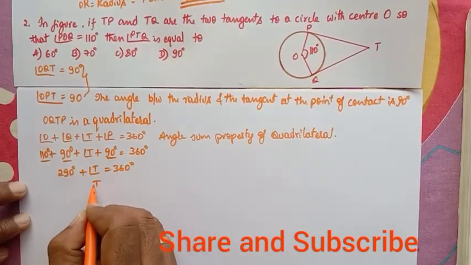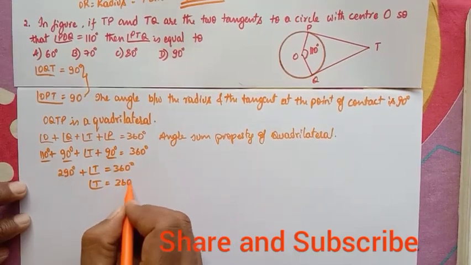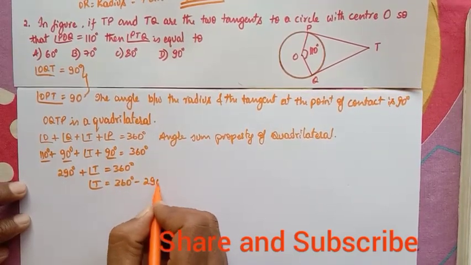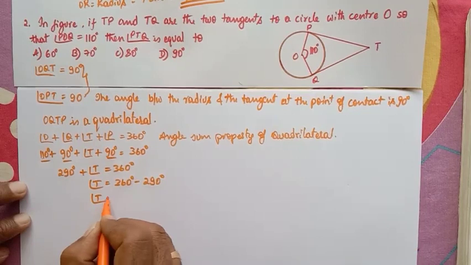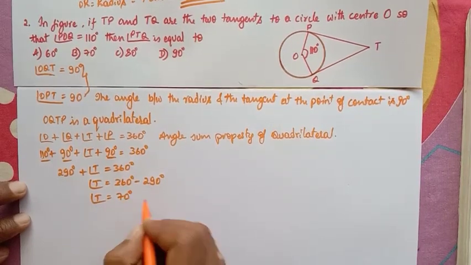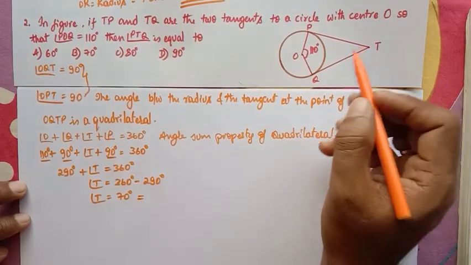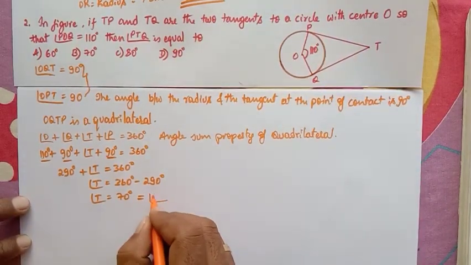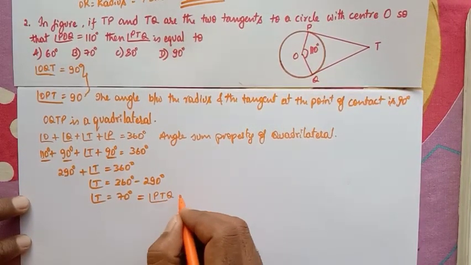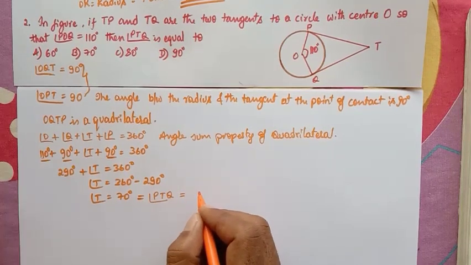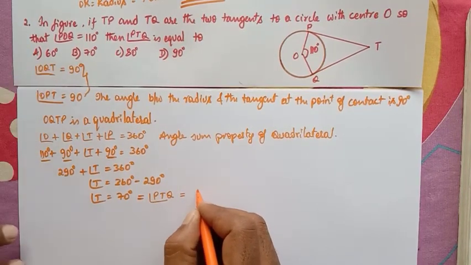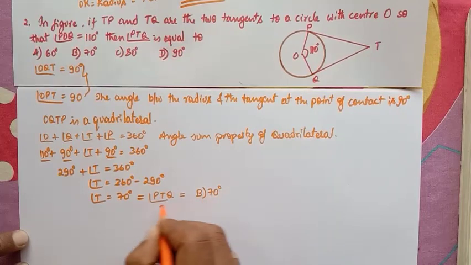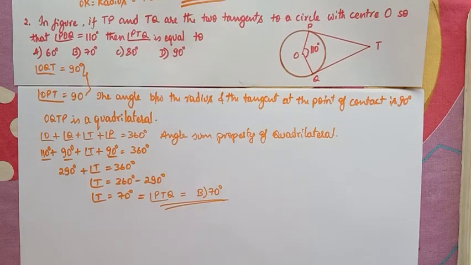So angle T is equal to 360 minus 290, so angle T is equal to 70 degree. Angle T is nothing but angle PTQ, which is option B, 70 degree. This completes the second problem.